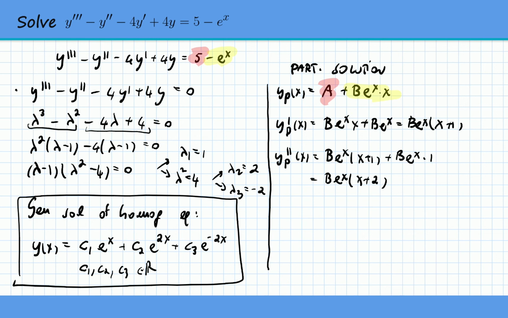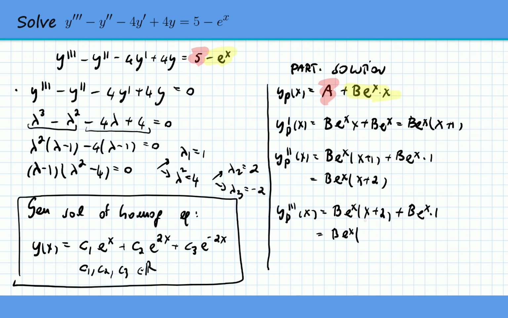And then I also have to do the third derivative because this is a third order equation. So again, by product rule, b e to the x times x plus 2 plus b e to the x times 1, which I can factor this b e to the x.